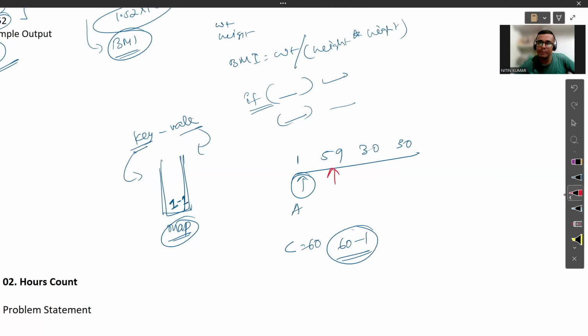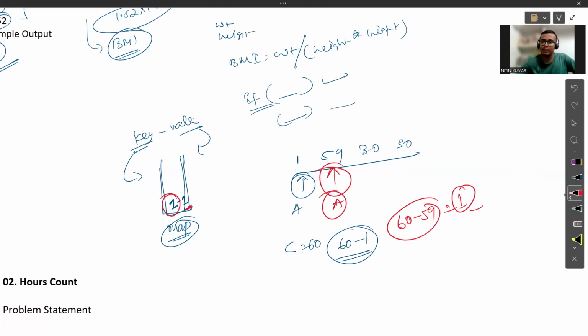Now when A points to 59, we again check whether 60 minus 59, which is 1, is present. Yes, it is present, and it is present only once. So how many pairs can we form? Obviously 1 pair, because one value can pair with only one value.